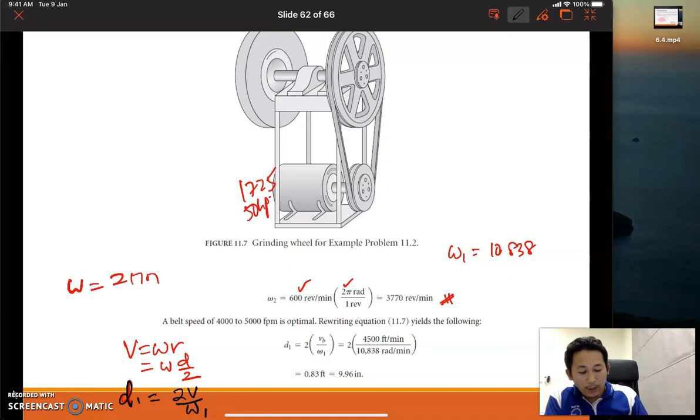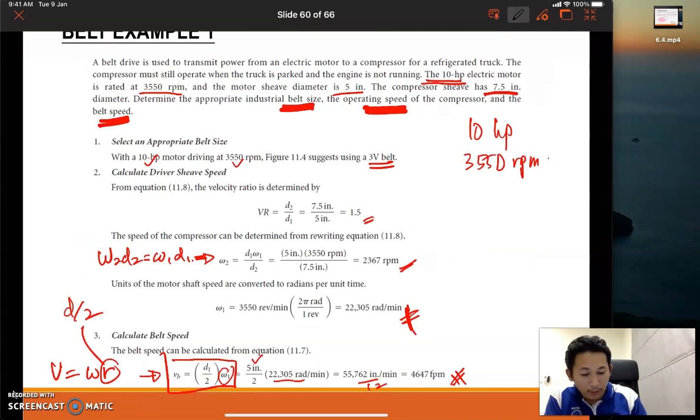So we get 2 times v divided by omega, and we have 9.96 inch. So we need to look at the table, table 11.